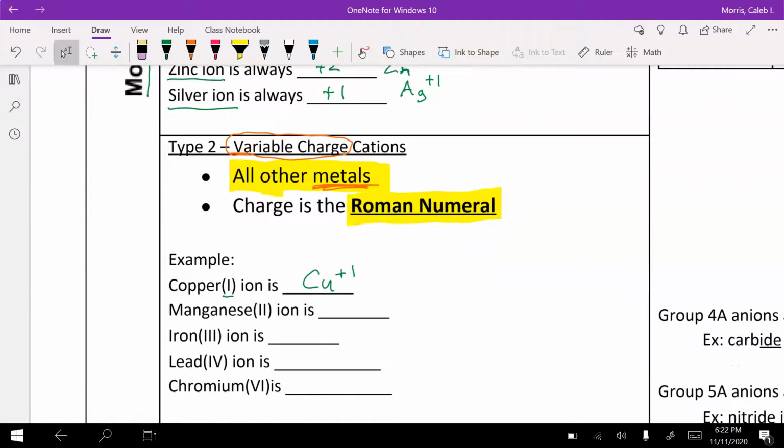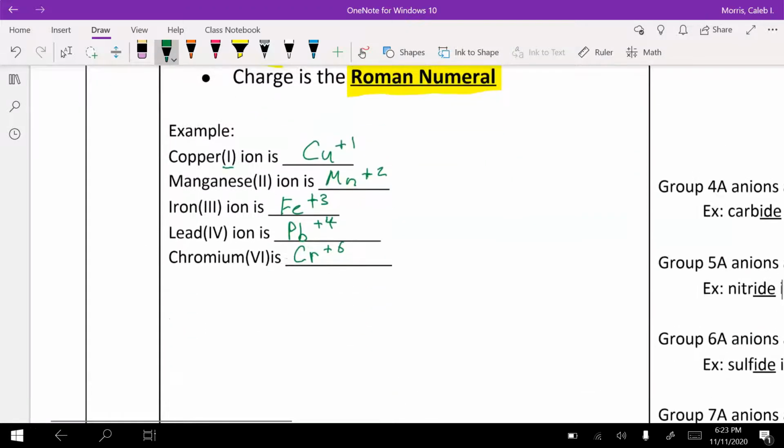Manganese II, the Roman numeral for 2, would be Mn with a positive 2 charge. Iron III is Fe plus 3. And then lead, we have IV, that is Pb with a positive 4 charge. Then we get to chromium VI, that is Cr with a positive 6 charge.